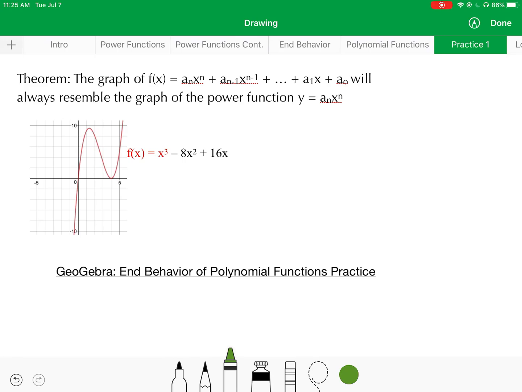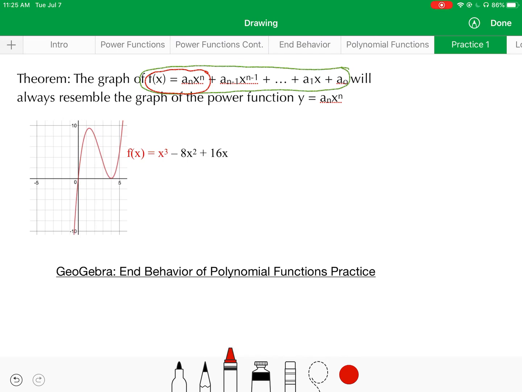So up here, this is the entire polynomial function, and its related power function is just f of x equals a sub n times x to the power of n. So this theorem is stating that whatever the end behavior is of that power function, it's going to be the same end behavior for the overall polynomial function, right?